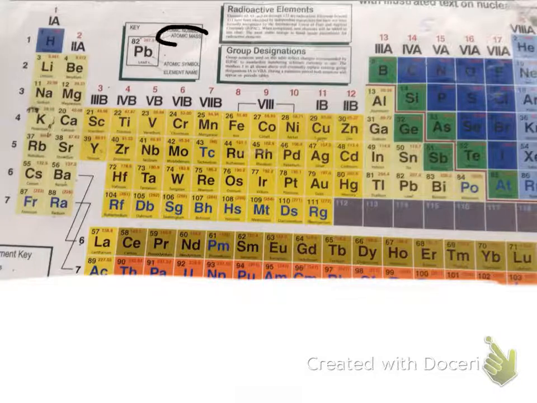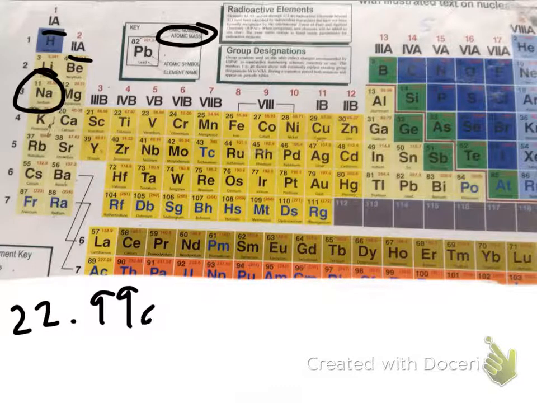If you look at where the atomic mass is, that red number at the top right corner on this periodic table indicates the AMU, the atomic mass unit. So for example, sodium has an atomic mass unit of 22.99 AMU. That means 1 atom of sodium has a mass of 22.99 AMU.